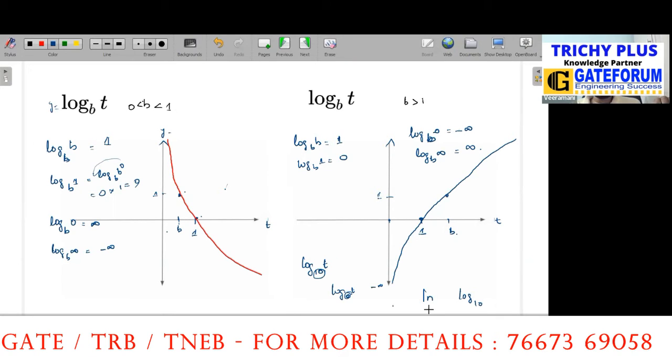And ln is nothing but log base e. That's why we mention it as ln. So whatever we are using, ln or log, we have to follow this curve only, this blue color curve, not the red color one. Now tell me, what is the value of log base 10 of infinity? What is the value of log base 10 of infinity?